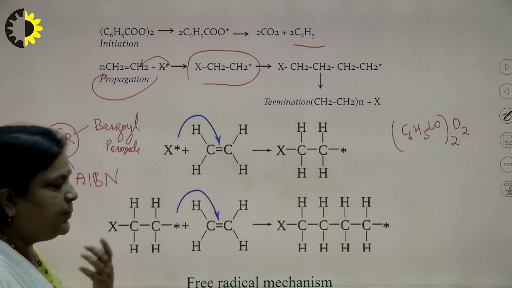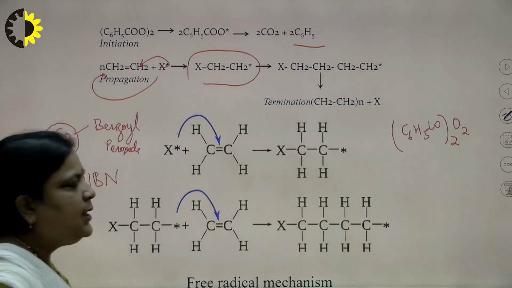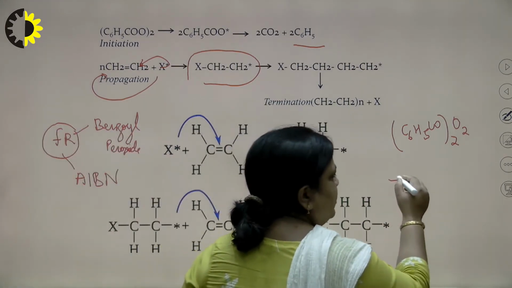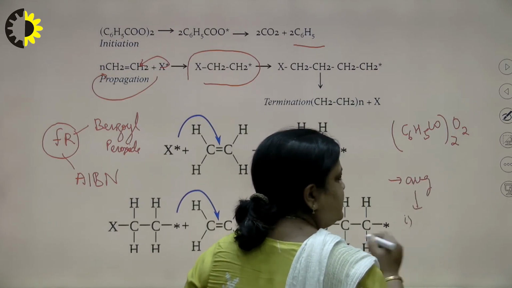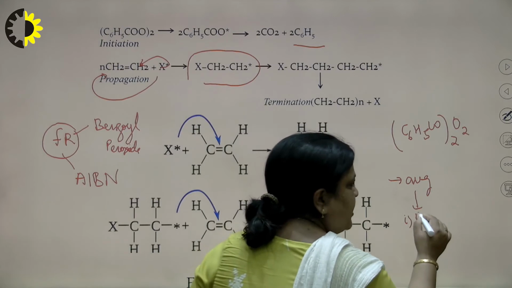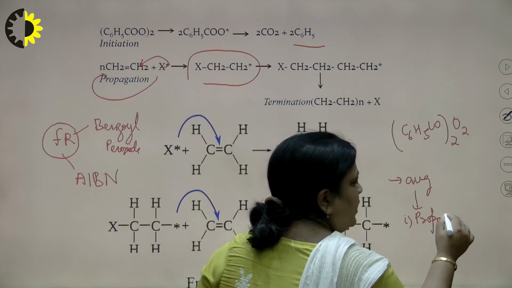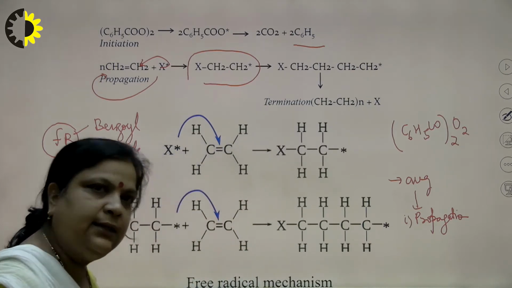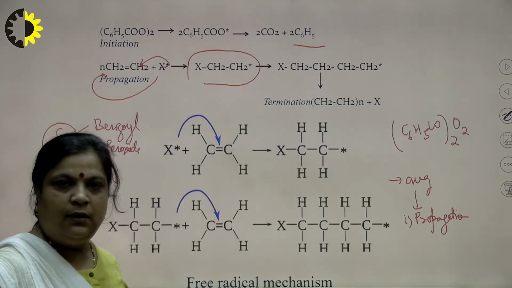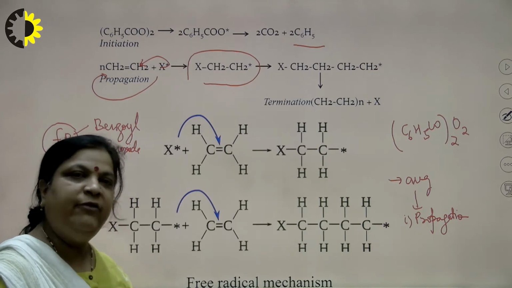Suppose the question arises: why do we take average molecular weight instead of exact molecular weight? The simple answer is that in the propagation step N is not fixed, which means the kinetic length of the polymer chain may vary.